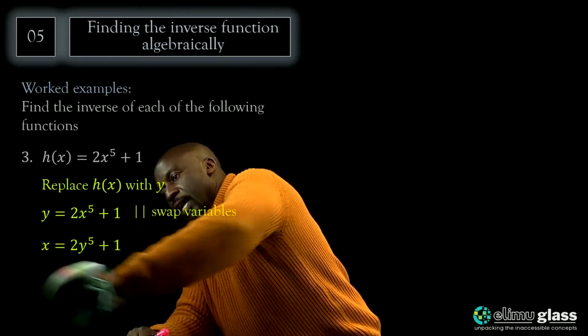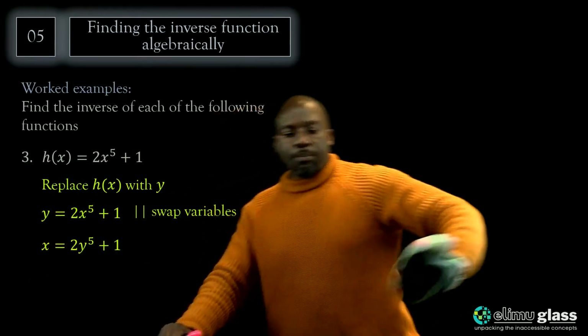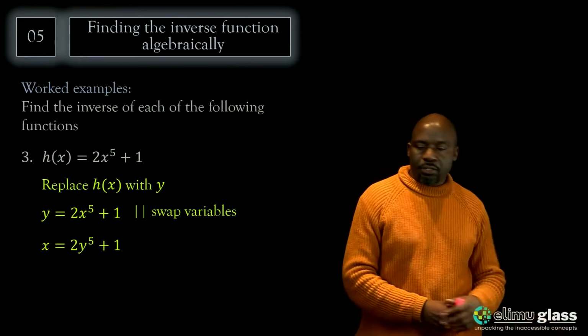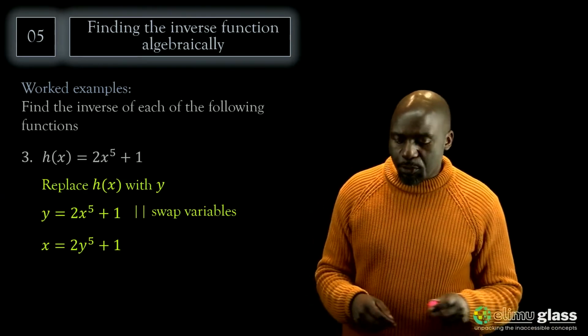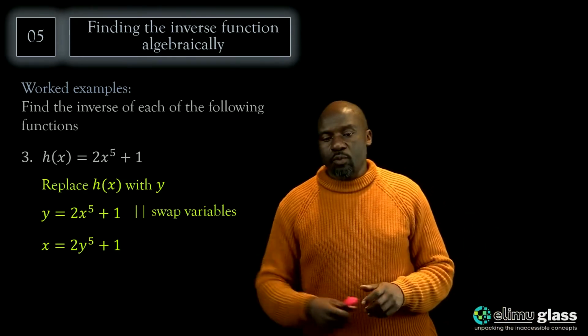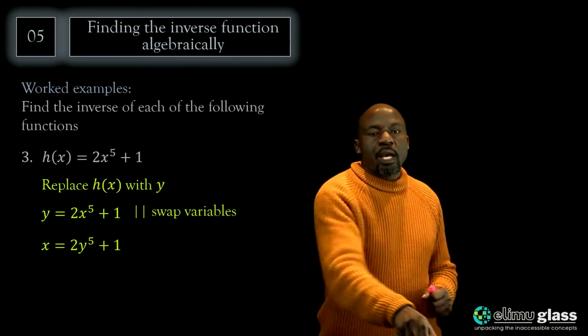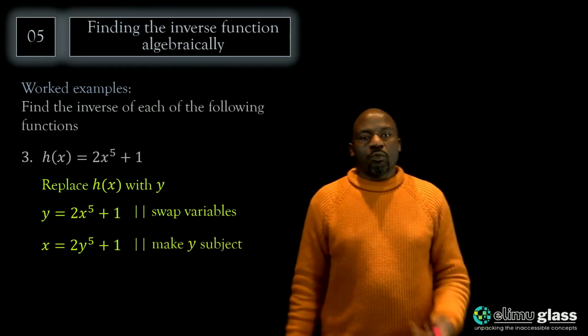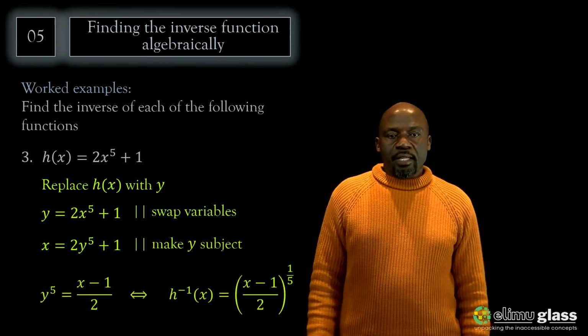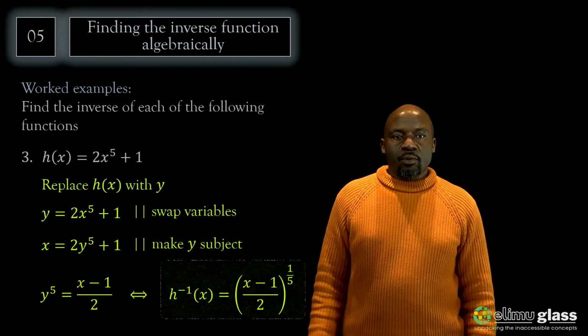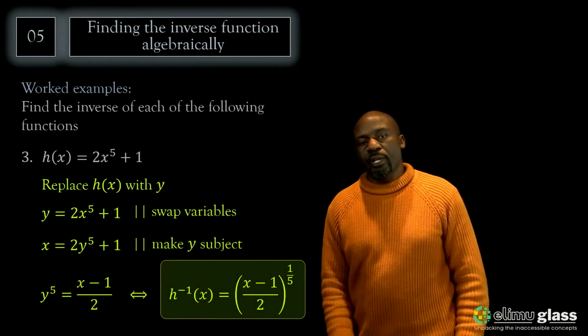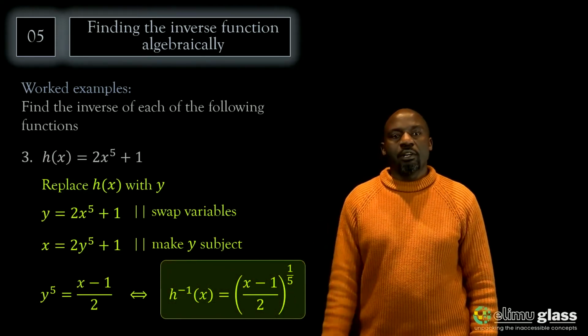Alternatively, you go to the earlier videos on topic 1 and exponents. This will be discussed there. Okay, and so what we've just done, made y the subject of the formula. You can see what I've come up with, and that is what we get for the inverse of h of x.